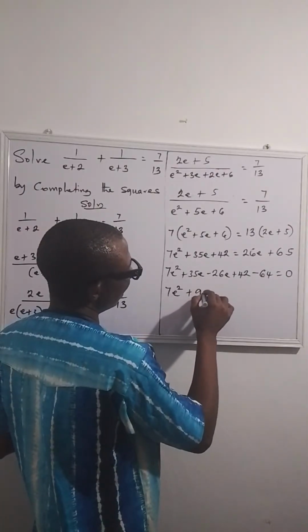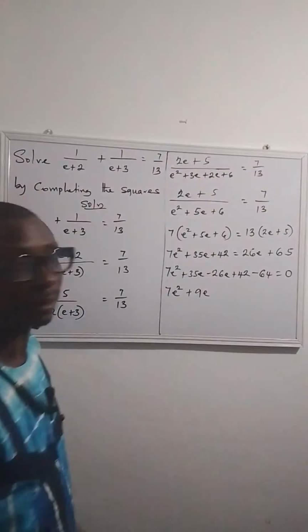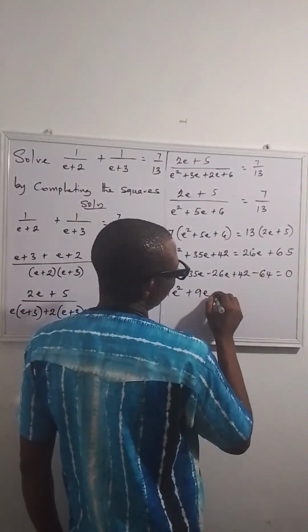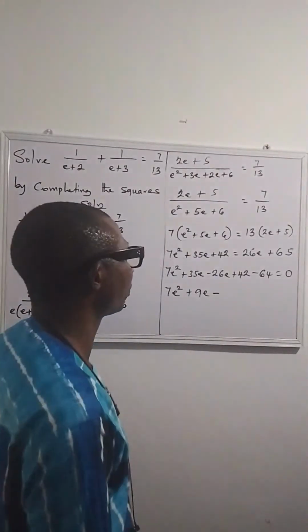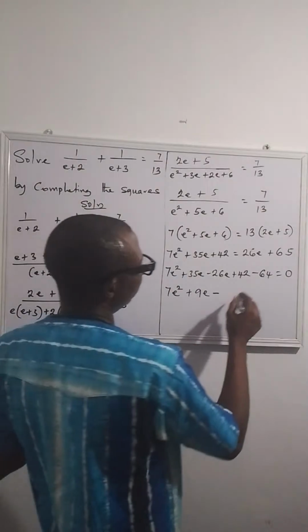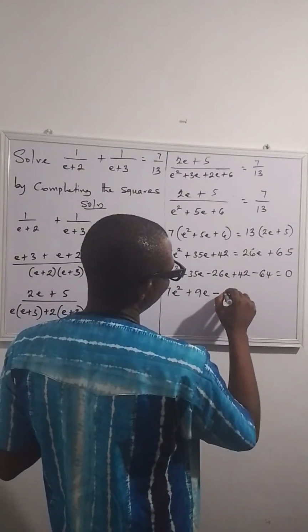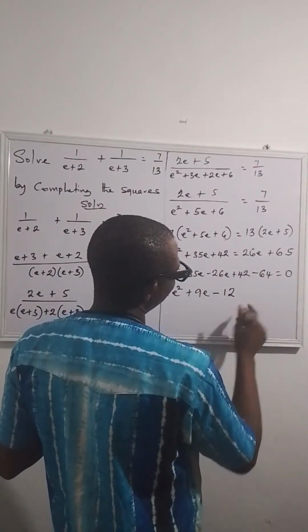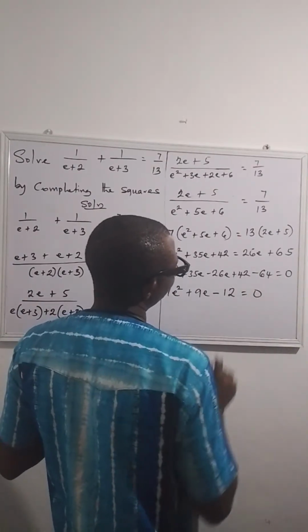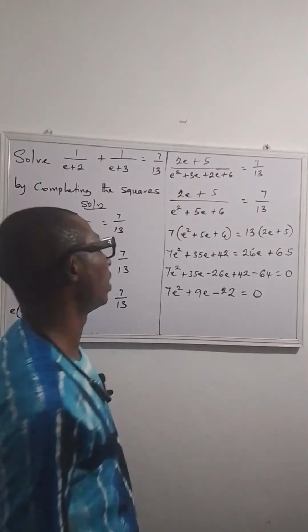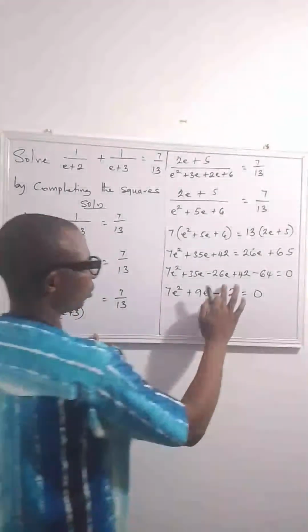That's plus 9e. All right, so now let's look at this and this. So when we subtract, what do you have? That is minus 12. I hope so. Yes, that is minus 12. Okay, or minus 22. So that's what we have. We have minus 22.